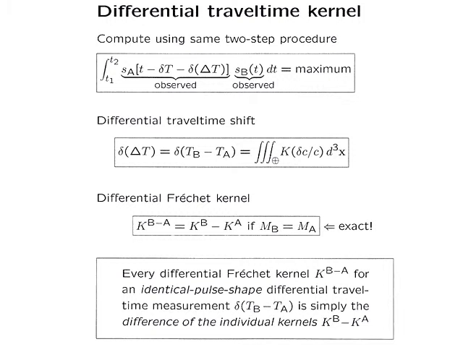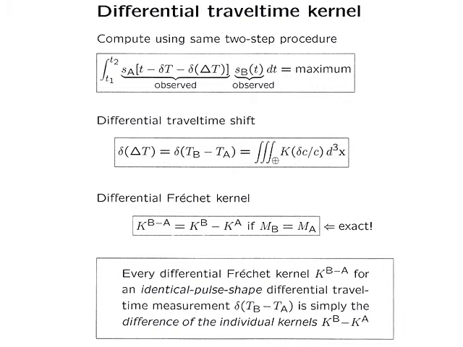It turns out, in the end, you get this really simple and intuitively clear result: the differential travel time for a B minus A measurement is just the difference of the B and A kernels. So all you have to do is subtract the kernels.